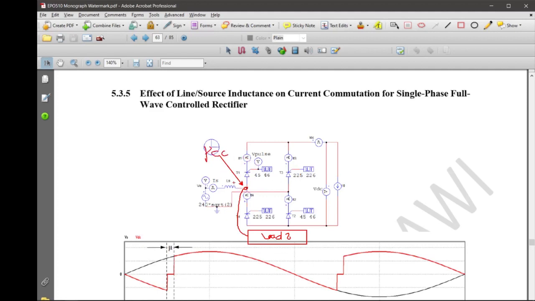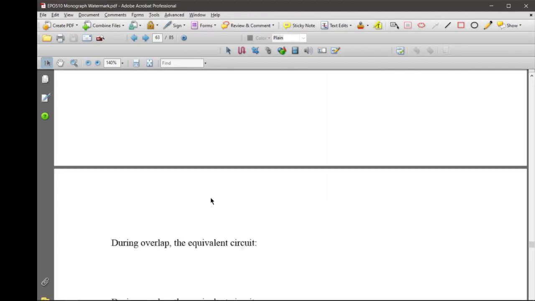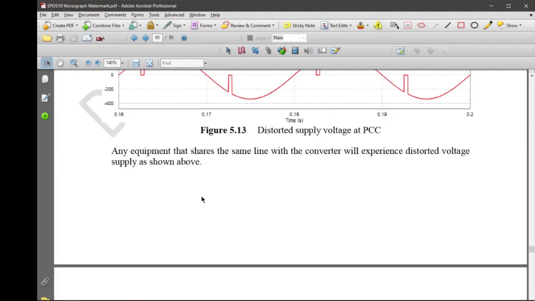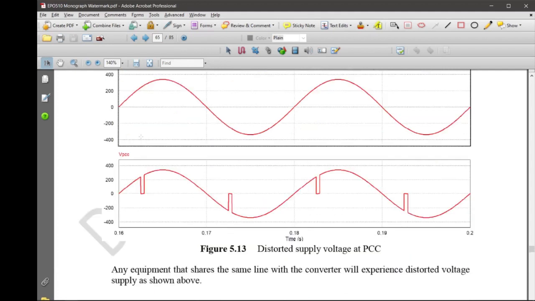This PCC actually inverts back whatever voltage you have in the output. So if you invert that, you get that sort of voltage at the point of common coupling. This voltage will be supplied to other loads in the system, load 2, load 3, load 4, so they'll be having a problem with the harmonics.